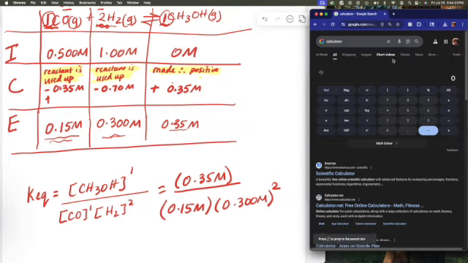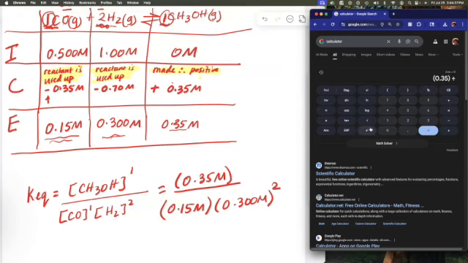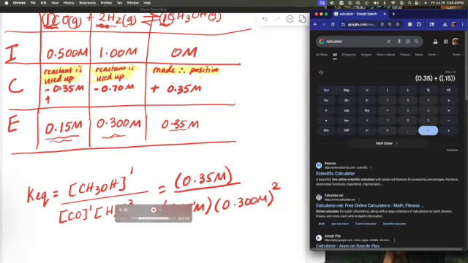Oh, great, right there. Okay, so for the numerator, open parentheses, 0.35, close parentheses, divide by. Since this part is going to be the bottom, I want the calculator to recognize those numbers as the denominator. So I'm going to use the parentheses to do that. Open parentheses again, and then 0.15, that's this number right here.